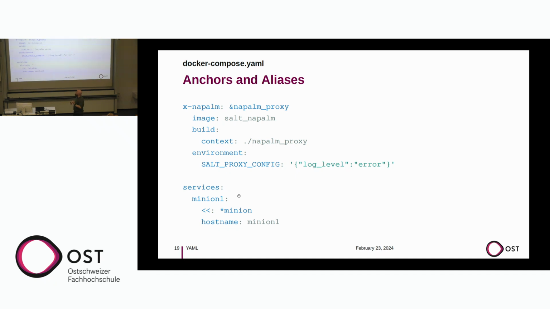So here with x minus we can create some template. But in the end, if someone parses this file, he will have a variable called x napalm with a dictionary. So if the tool we are using allows us to define data structures we don't use in the end, then it is possible to have this kind of templates or global parameters.